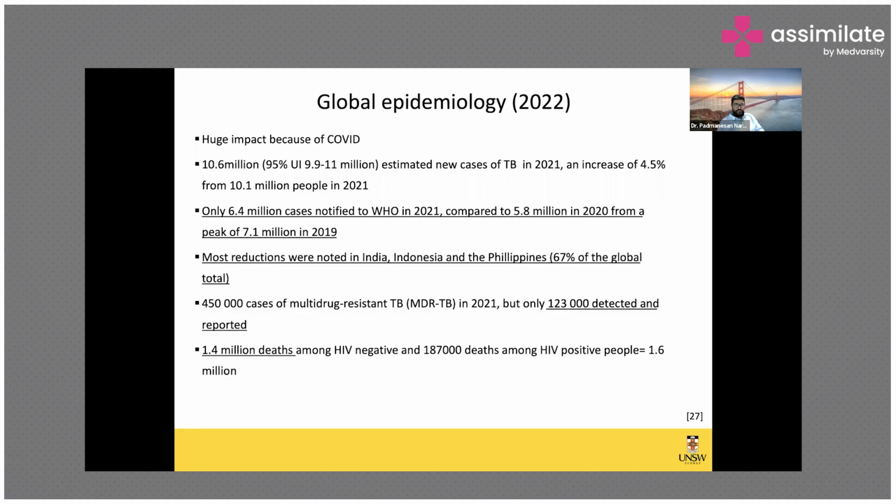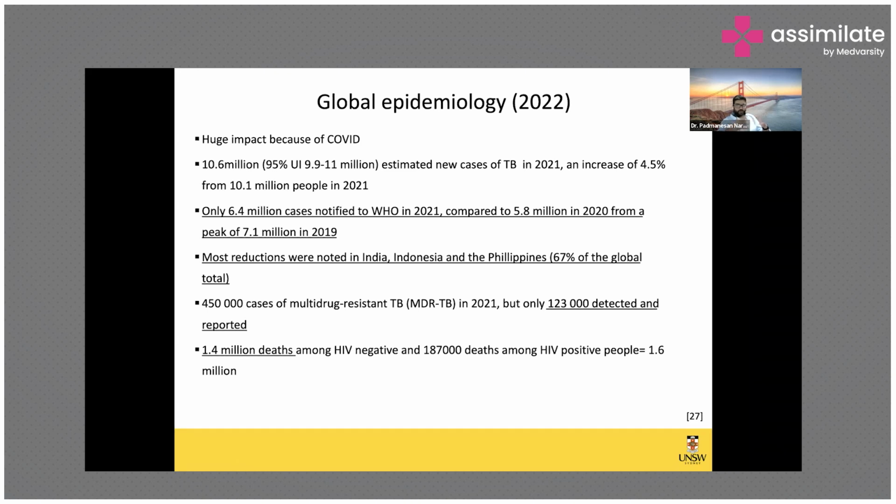In terms of the global epidemiology, we have about 10.6 million new cases in 2021. And there's a big jump from 2020. And of that, the interesting thing I want to highlight is that this is a mathematical estimation.